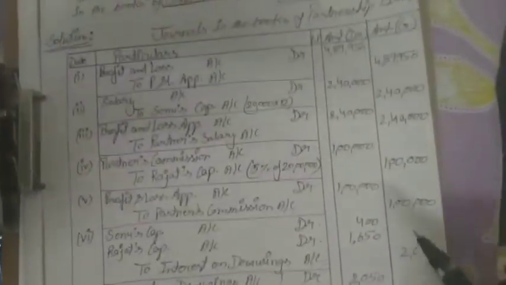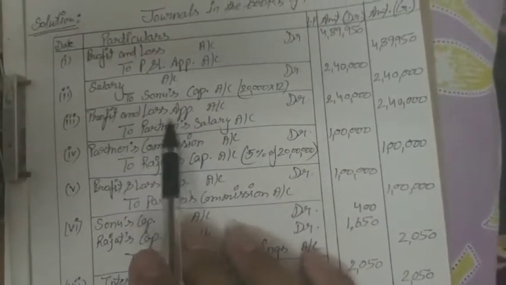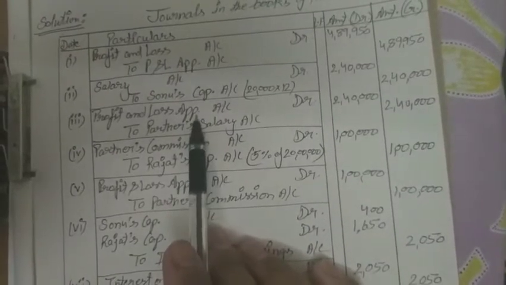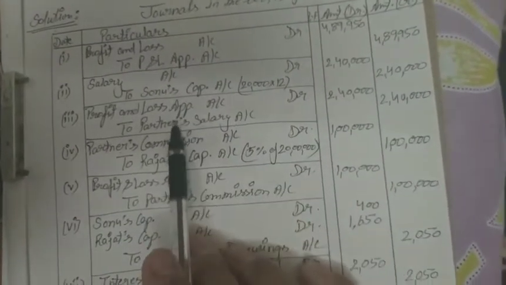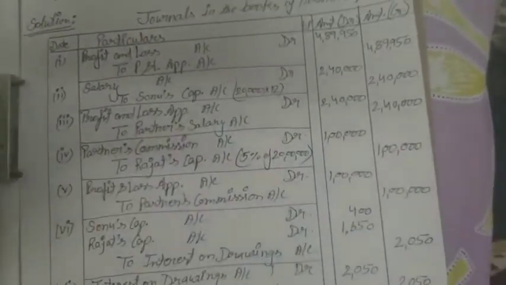According to these journal entries, where the profit and loss appropriations account is credited and where the profit and loss appropriations account is debited, according to this we have to calculate the debit and credit balances separately, and then see what the balance will be.